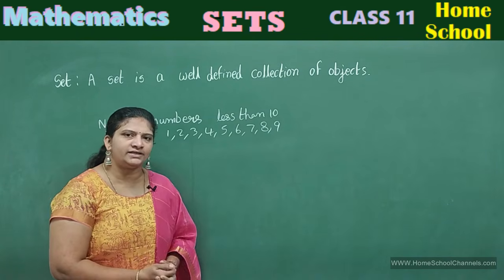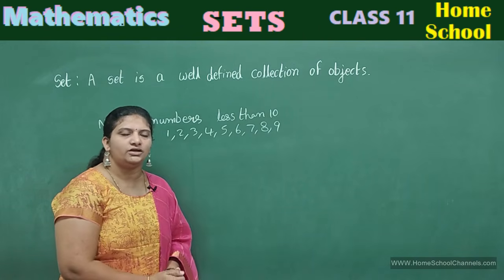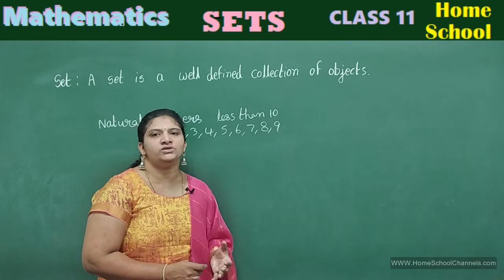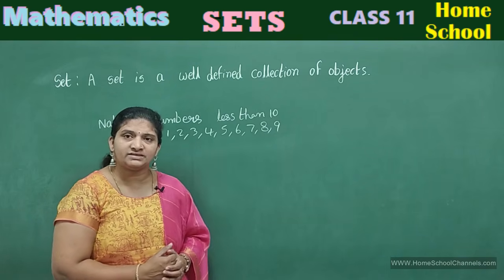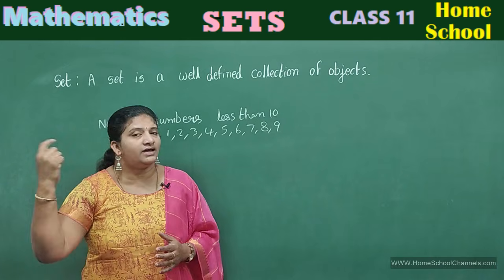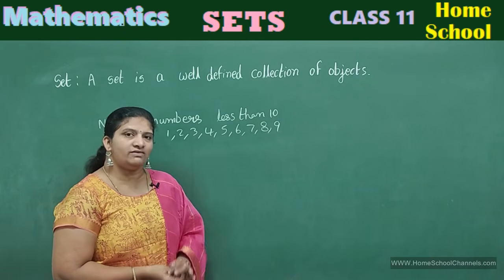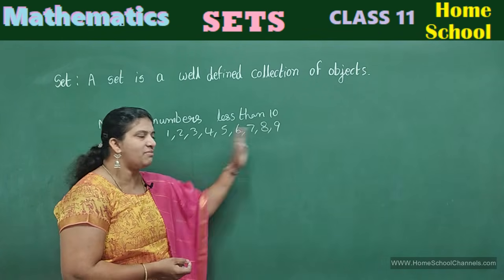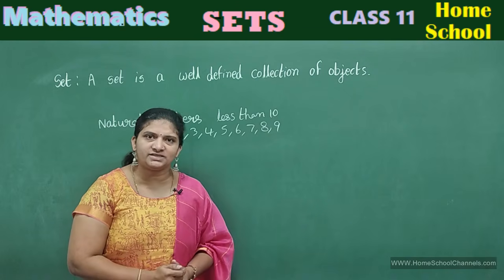Which type of collection is it? I say it is a well-defined collection. What do you mean by the word well-defined? Suppose you ask any other person, they will say the same answer. You may ask any person from another state or another country, everyone will give the same answer for natural numbers less than 10. Does the answer differ from person to person?